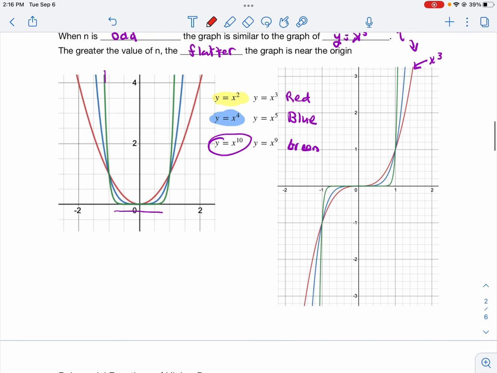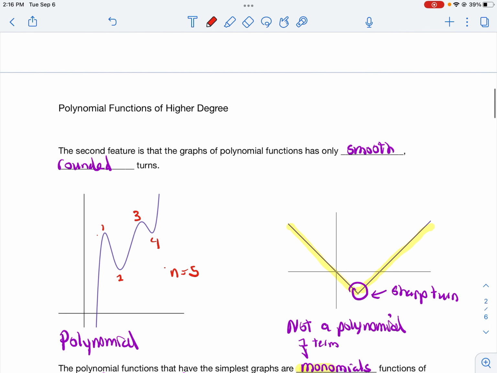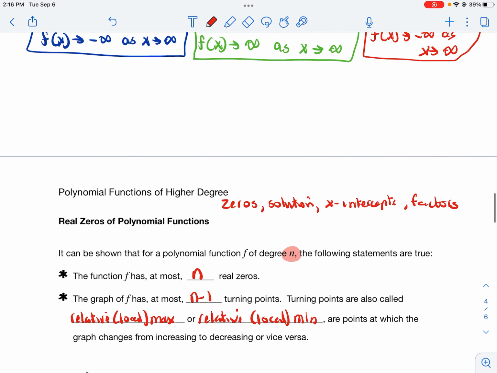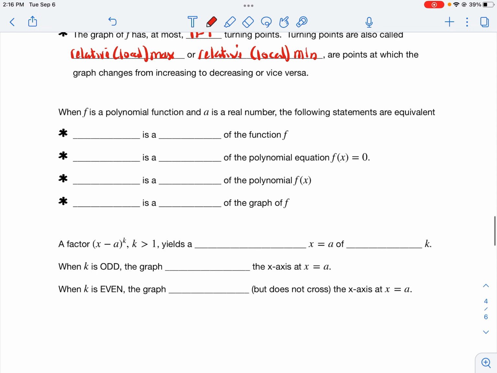On this graph, this is a local max, this is a local max, this is a local min, and this is a local min. So turning points are the local maxes and mins of the graph.